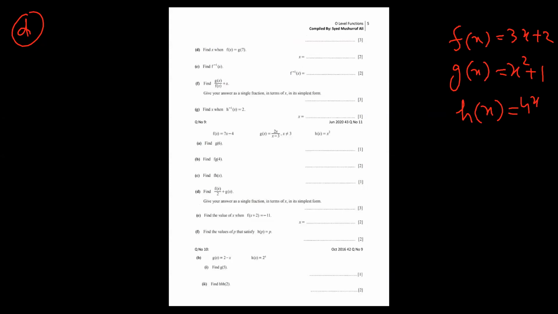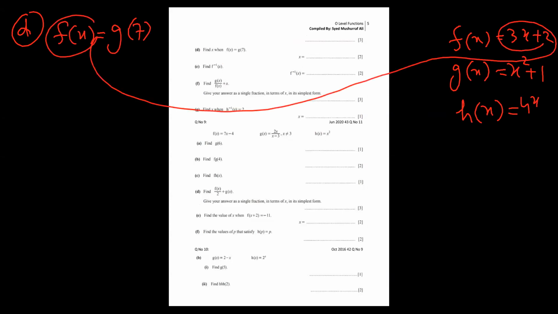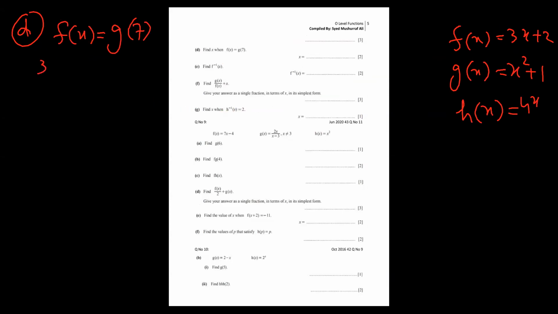All right, let me write exactly. I'm copying f of x is equal to g of 7. The plan is clear. f of x, the exact function value will come here. So I'm copying 3x plus 2, equal sign. What is this? g of 7. So I'll put 7 here and 7 here. And you know my habit: look here, g of x is equal to x squared plus 1.